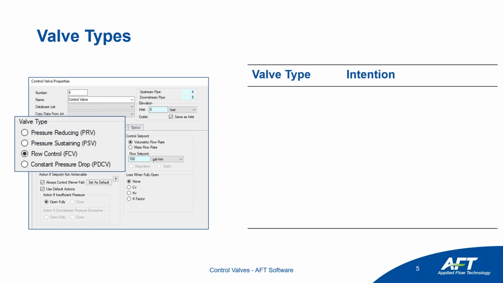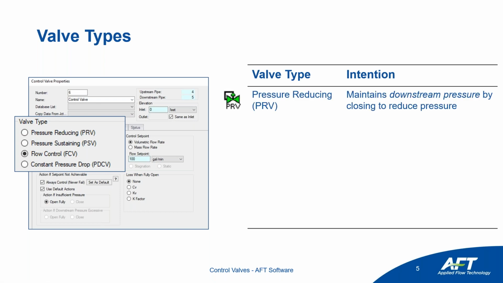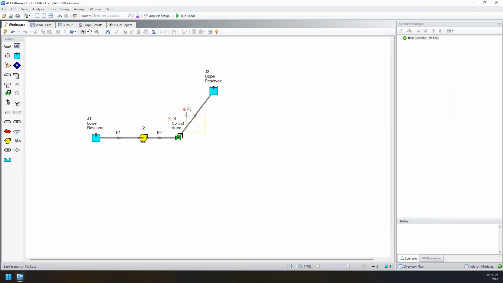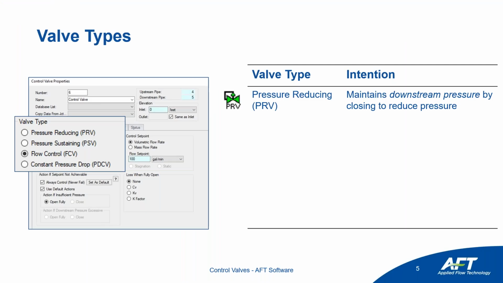So the first type of control valve is pressure reducing. And the intent of the pressure reducing control valve is to maintain the downstream pressure. So if we're looking at our system, we want to control the pressure immediately downstream, essentially at the inlet of this pipe. And it does so, again, the common theme across all control valves is that they have to close to create additional losses, and that's how they're achieving that set point.